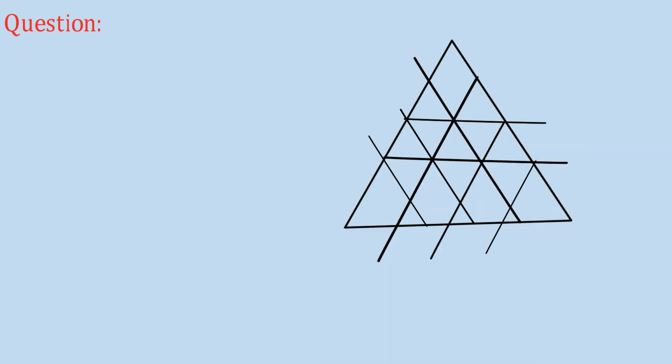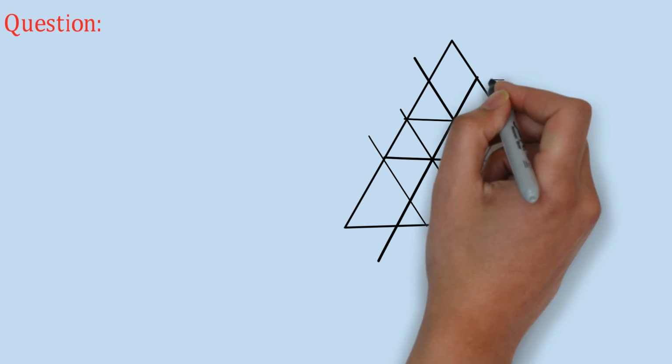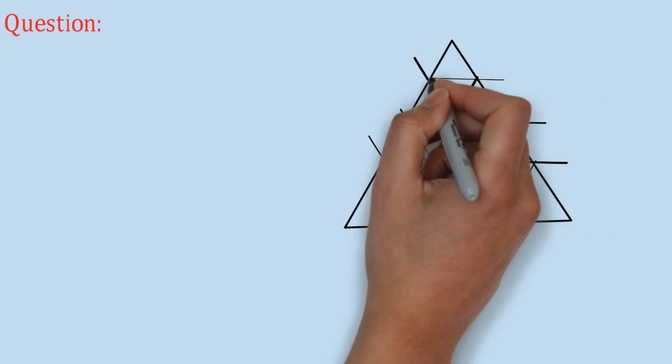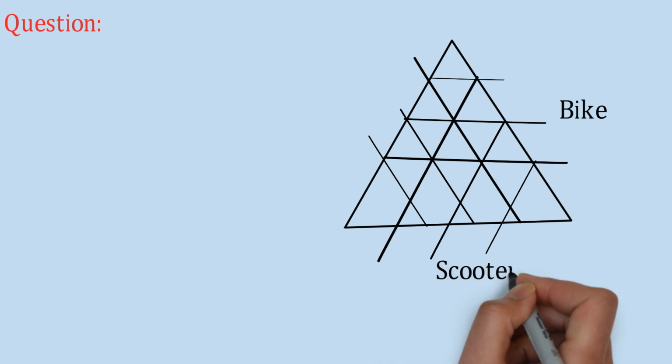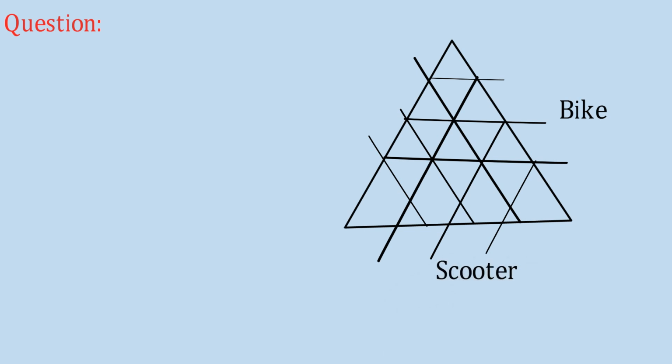There are various axes in this diagram and each will represent different things. All three axes represent something different, which we are going to see just now. So one of the axes represents bike, one represents scooter, and the third represents car.